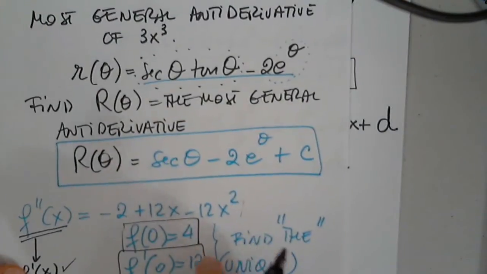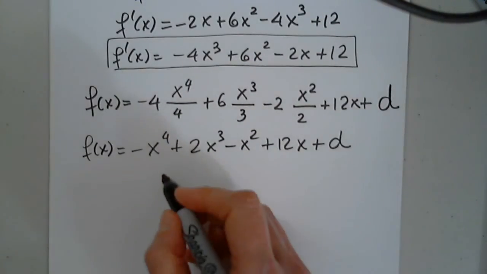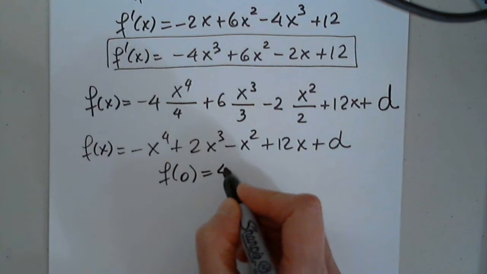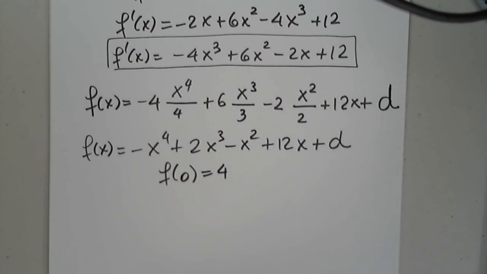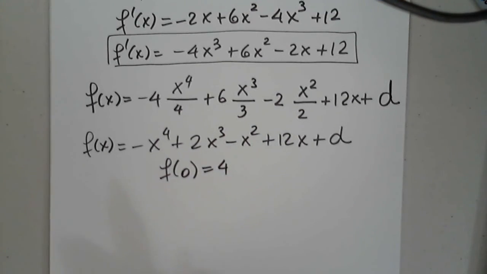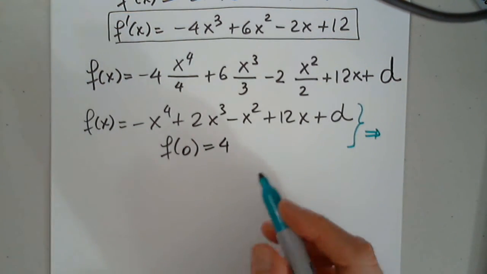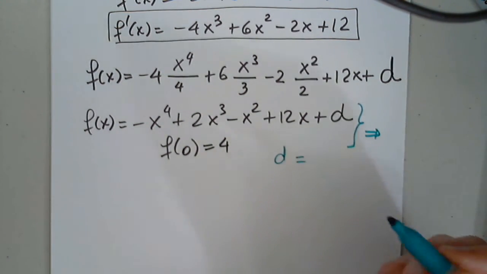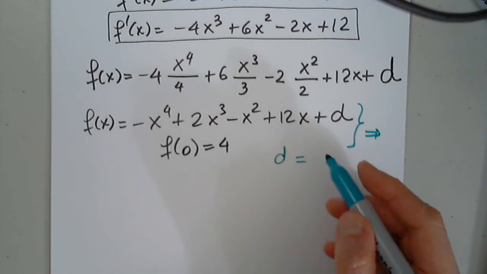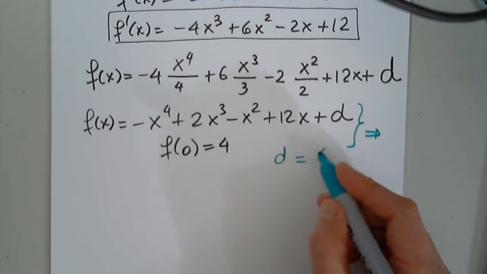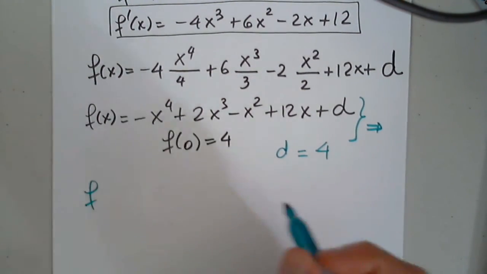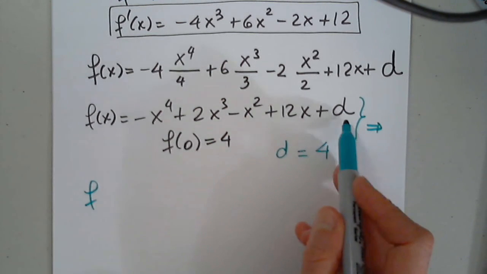Why is this information given to us? That f of 0 equals 4. What do you think? To find d. Exactly. So what do we conclude from here? That d equals 4, right, because plugging in 0, d equals 4.